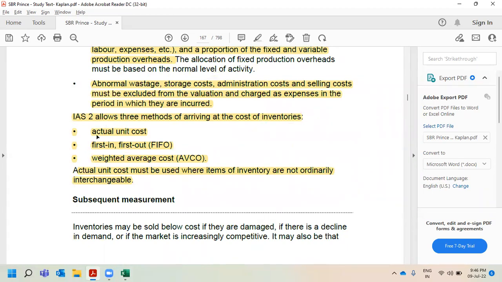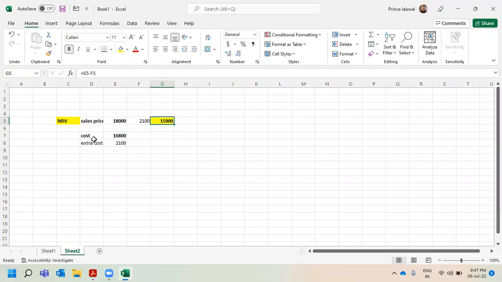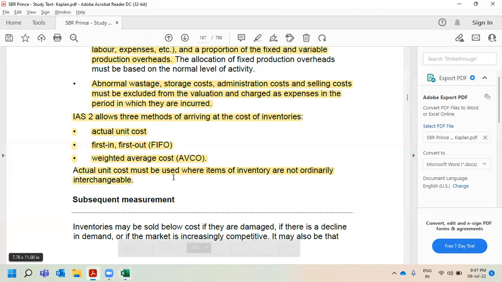The first is actual unit cost, the second is first in first out, and the third is weighted average cost. For actual unit cost, for example, say in this example we have incurred a cost of 1,600 to manufacture this equipment.